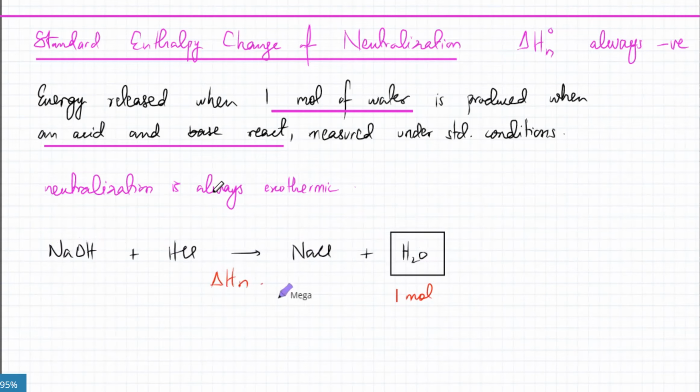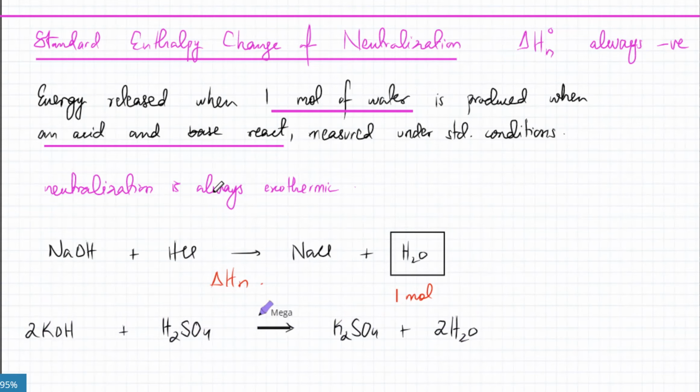If you have another reaction, like KOH reacting with H2SO4, and if you balance this, it's going to be K2SO4 plus water, and you're forming 2 moles of water.